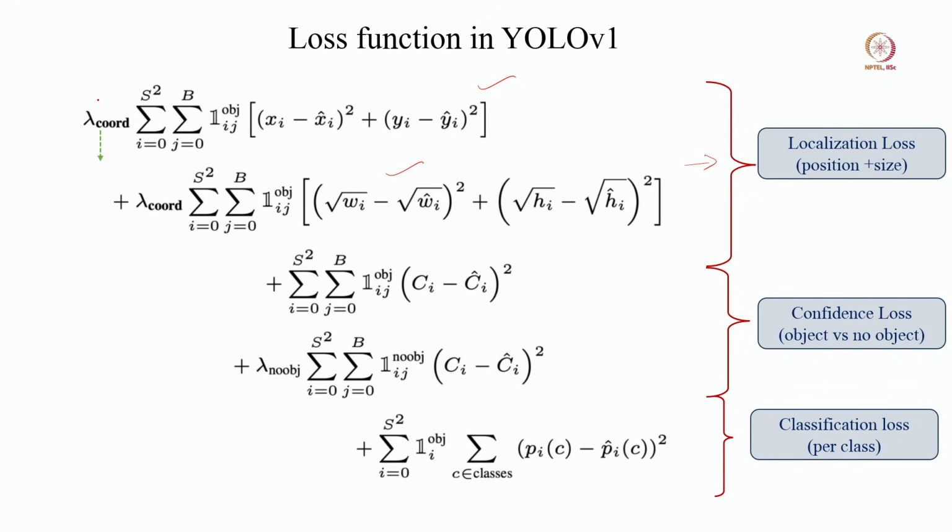This lambda coordinate penalizes incorrect prediction of x and y, and the default value usually chosen is 5. There is a summation from i equal to 0 to S squared, because there are S cross S grid cells, and a summation j equal to 0 to B, where B is the number of bounding boxes per grid cell. xi is the ground truth x coordinate for the bounding box, xi hat is the predicted one, and similarly yi and yi hat.